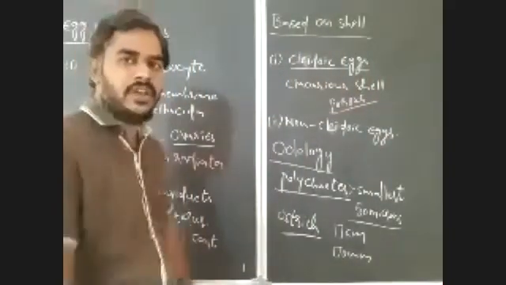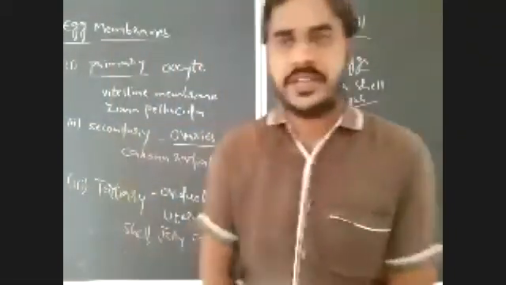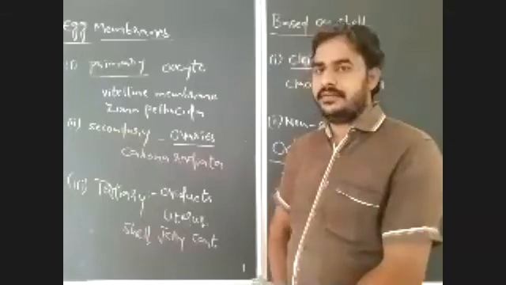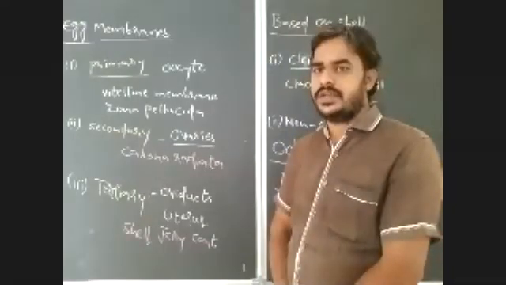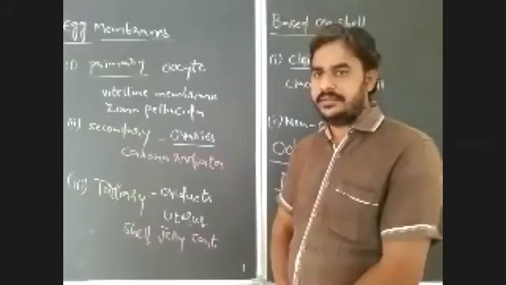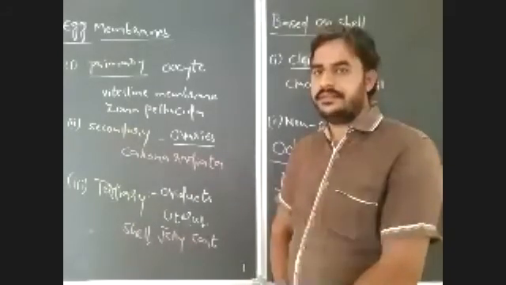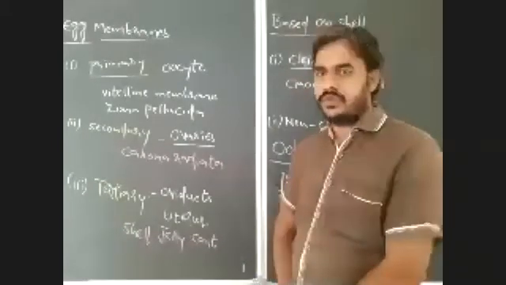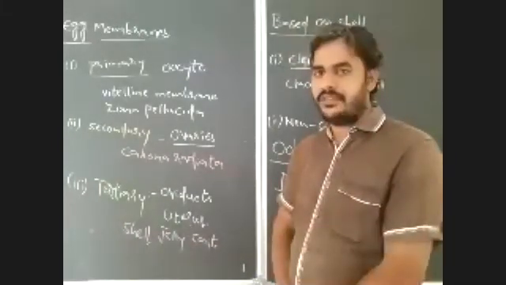Up to that, the male reproductive system is completed, the female reproductive system is completed, and gametogenesis in male and female, that is spermatogenesis and oogenesis, are both completed. After that, we discussed the structure of human gametes, the structure of sperm and the structure of ovum. After the structure of ovum, we discussed the types of eggs.